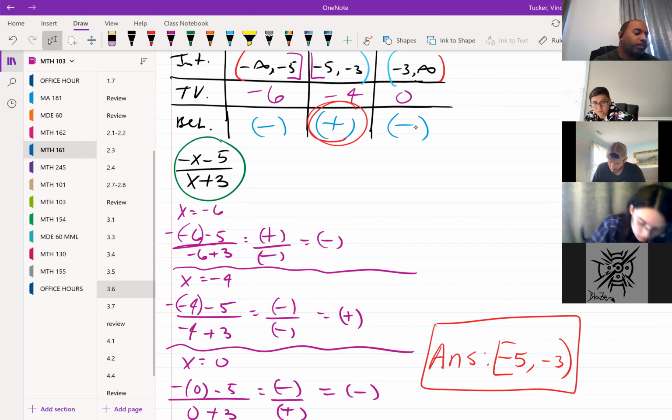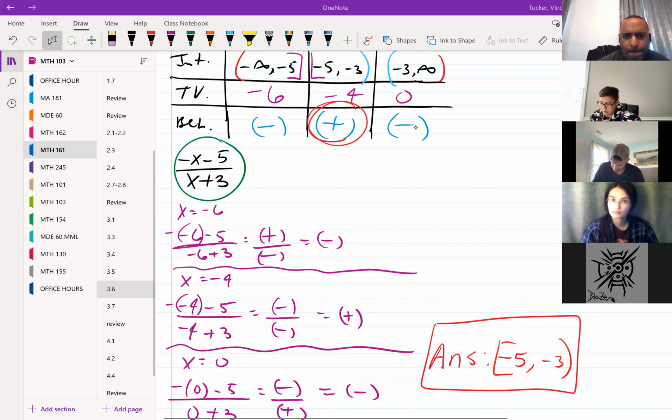Any questions? Okay, so the question says, how can -3 be greater than 0?